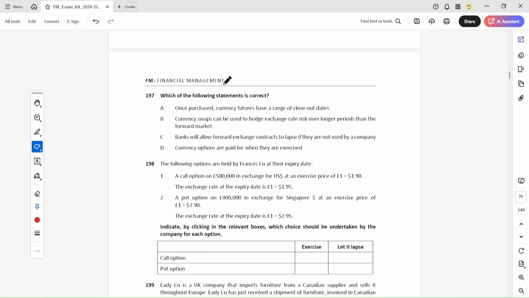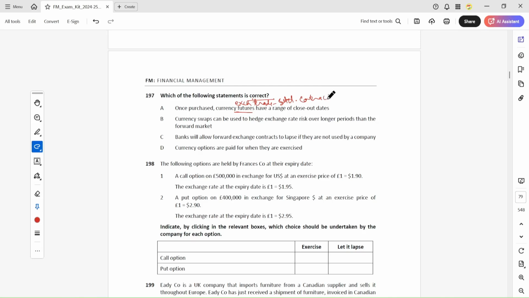Next: which of the following statements is correct? Once purchased, currency futures have a range of closeout dates. A currency future is exchange traded, which means it is a standardized contract.